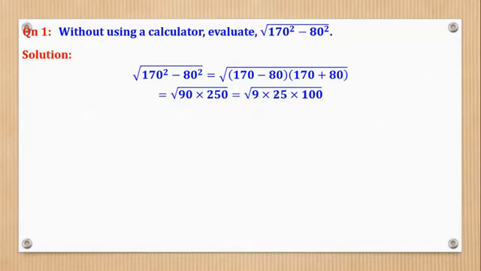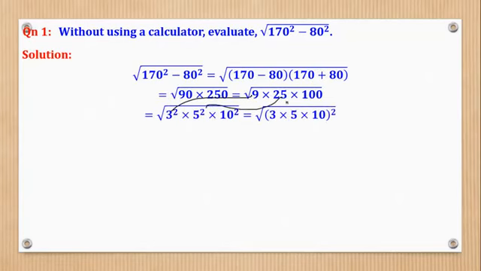These are all perfect squares, so 9 is 3 squared, 25 is 5 squared, 100 is 10 squared. The powers are all the same, meaning I can pull them out. Then this square root is the same as power half. So because of this square which is outside, it goes with this square root and you remain with 5 times 3 times 10. 5 times 3 is 15, times 10 is 150, and that's what they wanted.